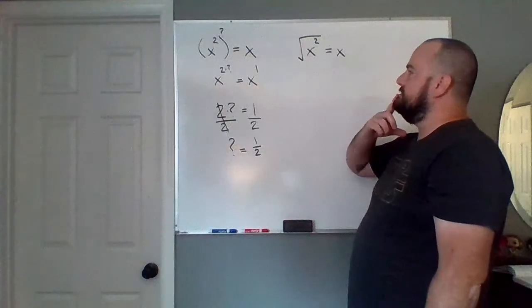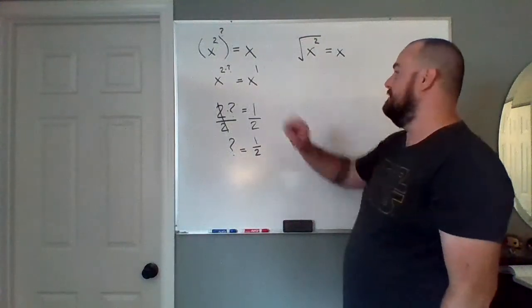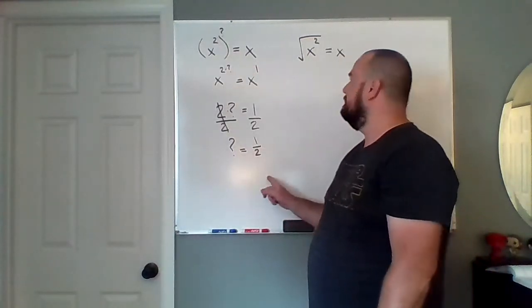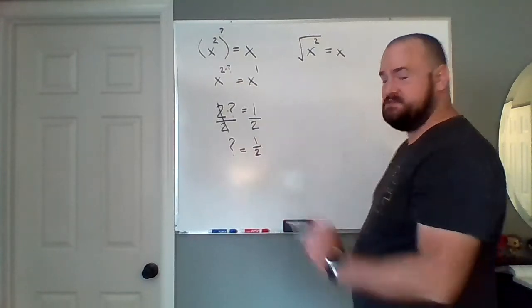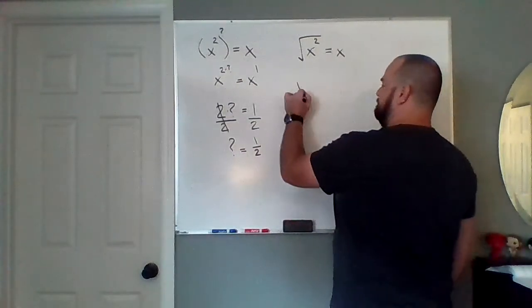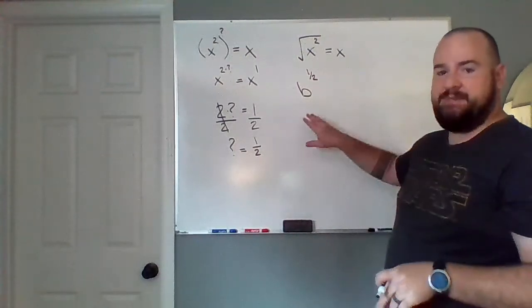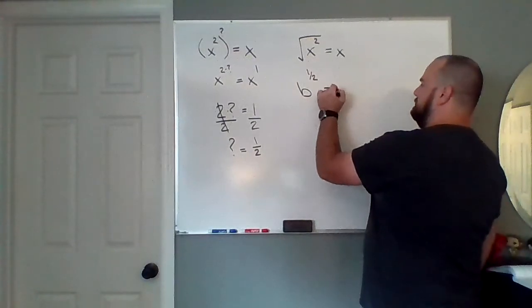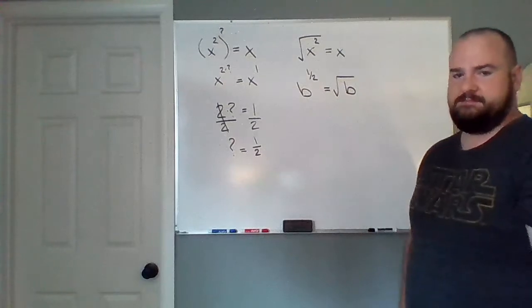So what that means is taking the square root of x squared is the same as x squared to the 1/2. That's interesting, and it's really cool. It actually gives us the starting basis for a rule: if we have some base raised to the 1/2 power, that's equal to the square root of that base.